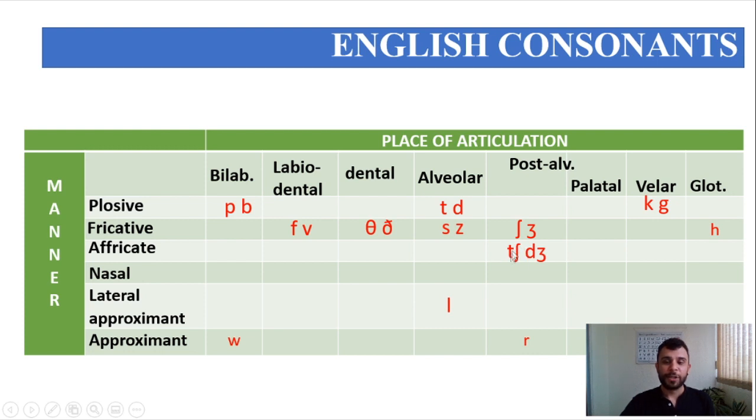So in affricate sounds, it starts with the plosive sound, ta, and ends with the fricative sound, sha. Same thing here, plosive sound, da, and ends with the fricative sound, zha, ja. Cha, ja are affricate, okay? They are a mixture between plosive and fricative, and there are two sounds like this, cha and ja.